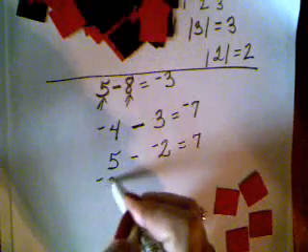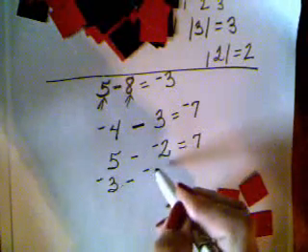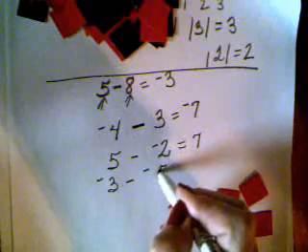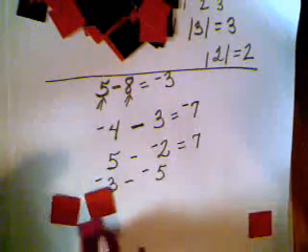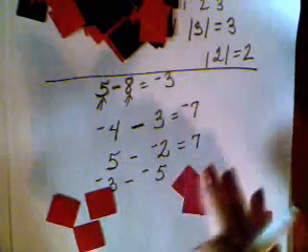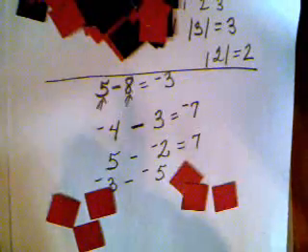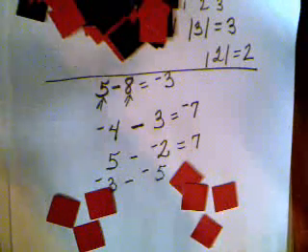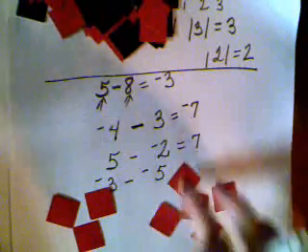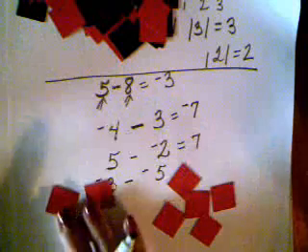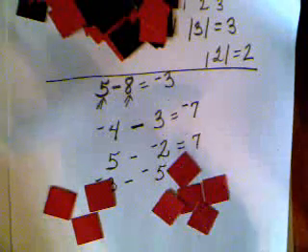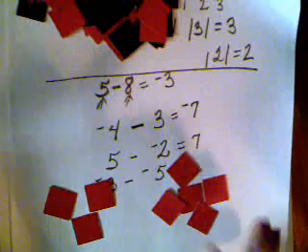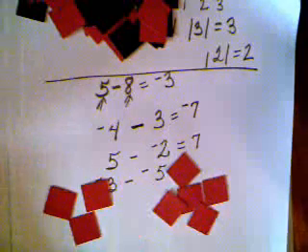Okay, what if I have a -3 minus a -5? So I have to have 3 red and I have to have 5 red. So I have a -3 minus 5. Well, I can't take 5 away from 3.